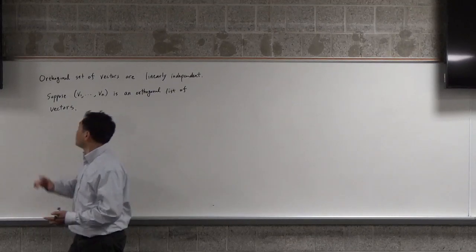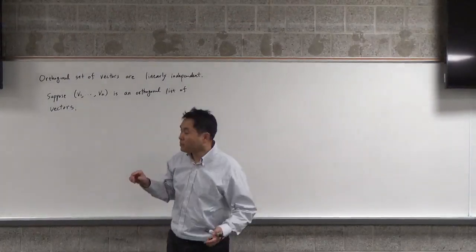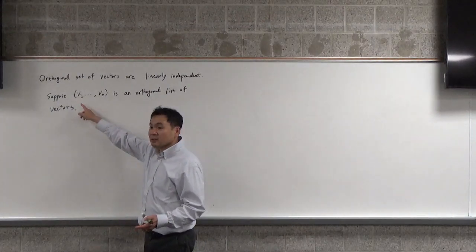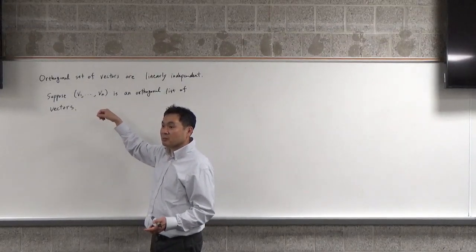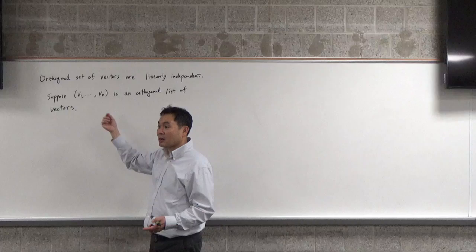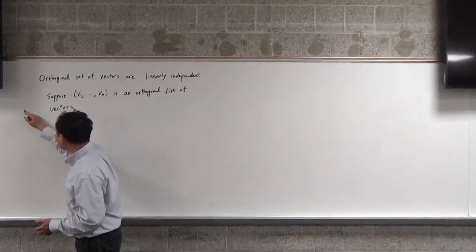Suppose you have V1 through Vn, that's an orthogonal list of vectors, which means anything besides itself dotted with it is 0, dot product as 0. And I should say non-zero vectors.